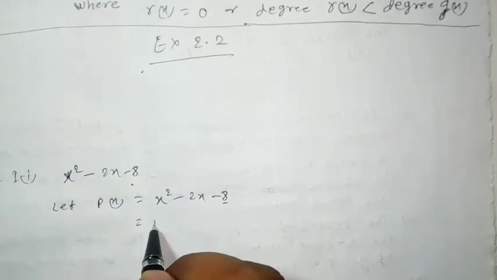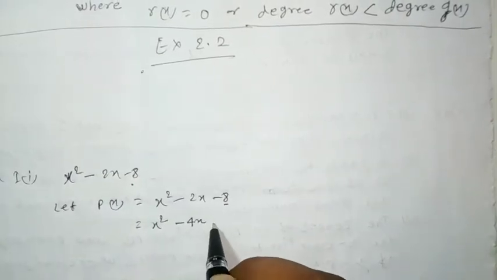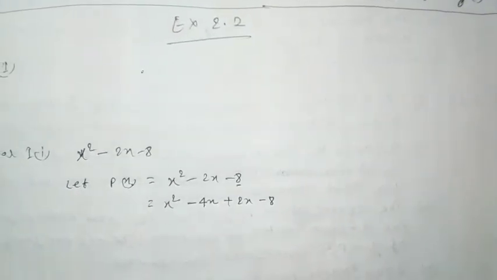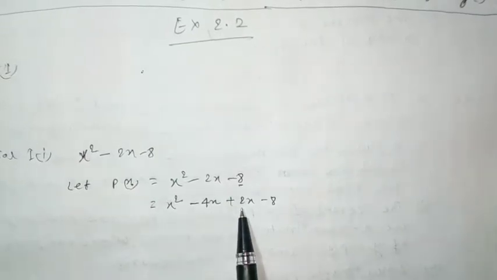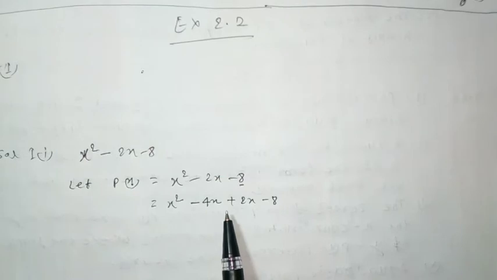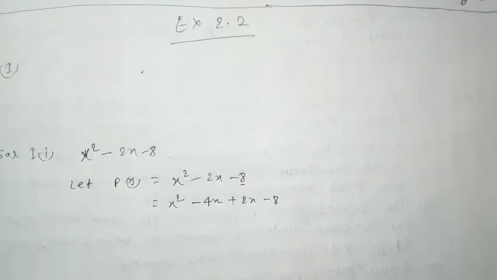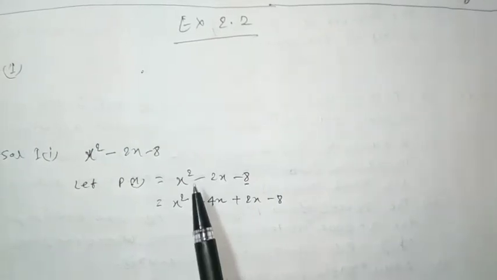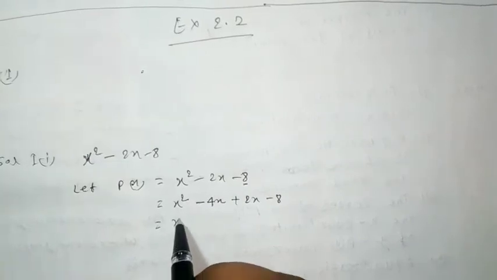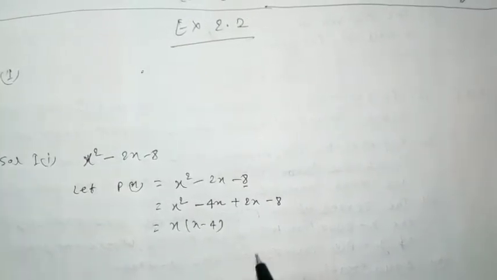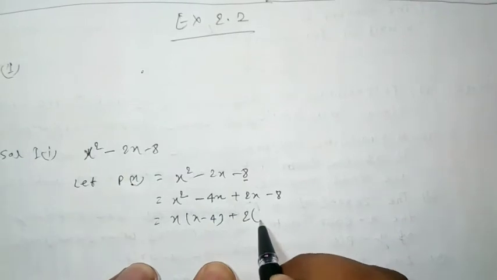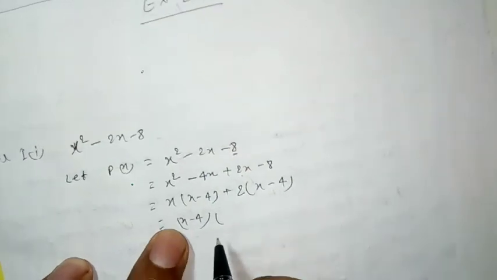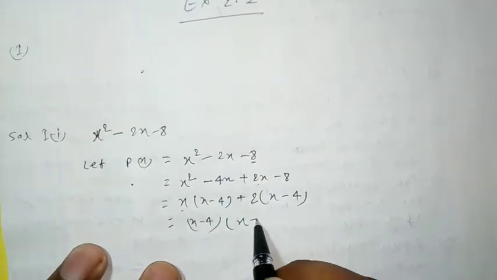So we can write x square minus 4x plus 2x minus 8, because if I multiply minus 4 into 2, then we get minus 8, and if we add minus 4 and plus 2, then we get minus 2 also. So x is common, x minus 4, then 2 is also common, x minus 4, is equal to x minus 4 is common, then we get x plus 2.